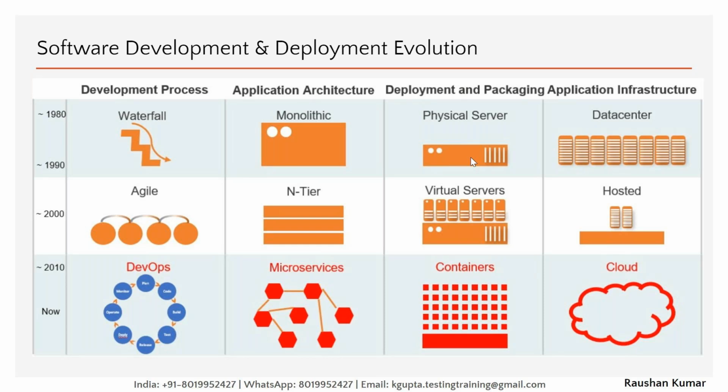We used to waste a lot of resources. Consider this physical server as multiple cores and multiple GBs. Consider 100 cores and 400 GB RAM, and we used to deploy a tiny little application. That's all. Wastage of resources.